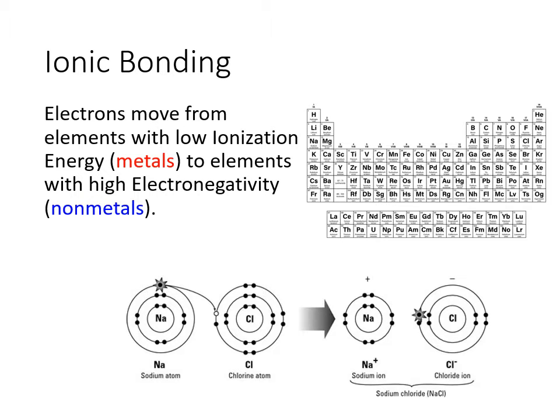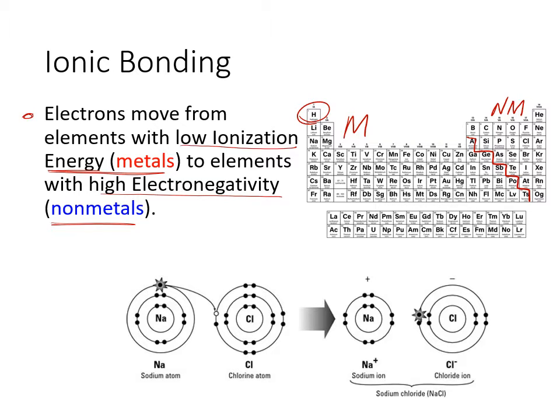In ionic bonding, electrons move from elements with low ionization energy, which we saw were metals, to elements with high electronegativity, the nonmetals. Recall, you've got a stair step right around here. You've got metals over here and nonmetals on the right, except for hydrogen.